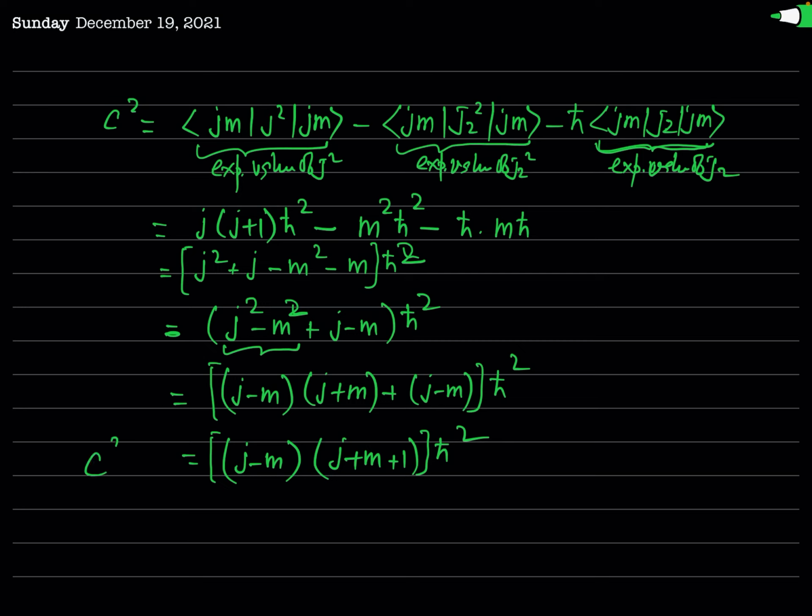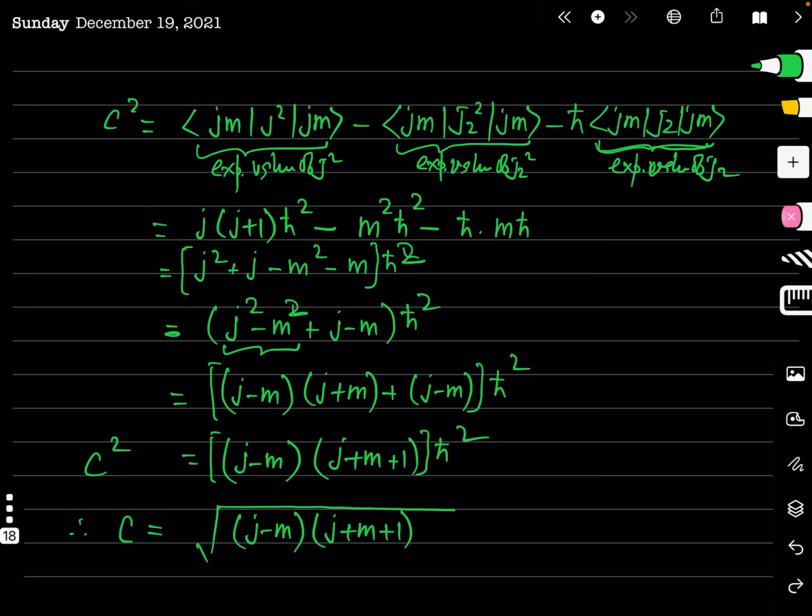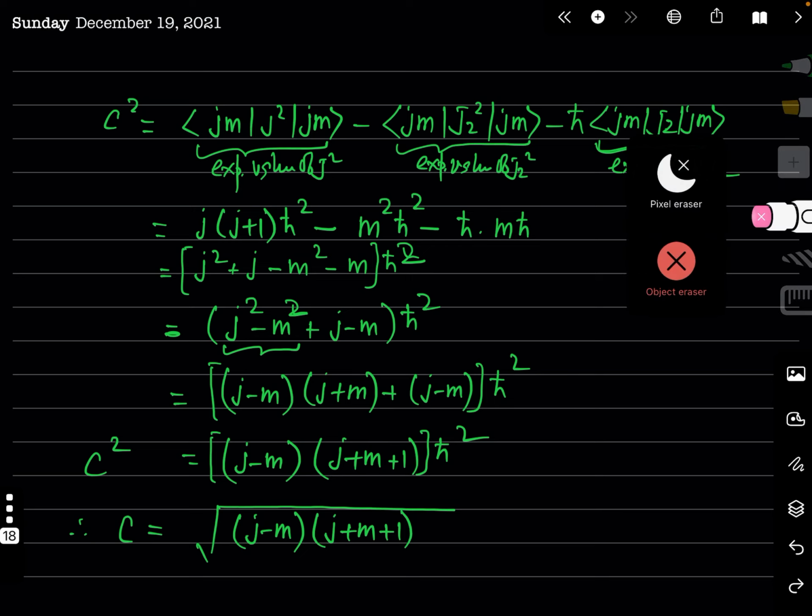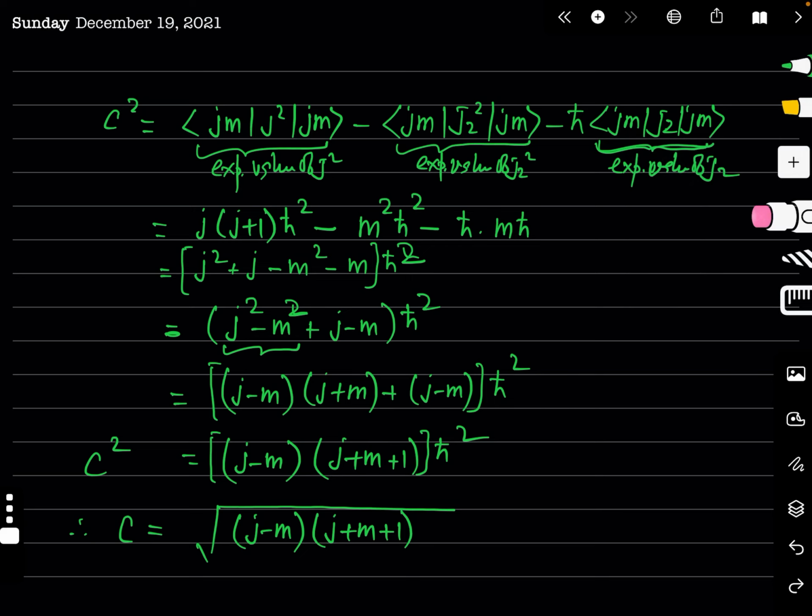Actually this is c square, and if we take the real positive value of c, then c will be simply equal to the square root of J minus m times J plus m plus 1, times h bar.